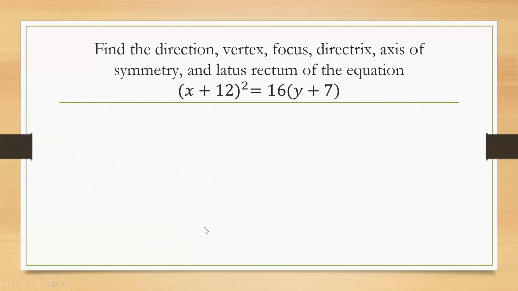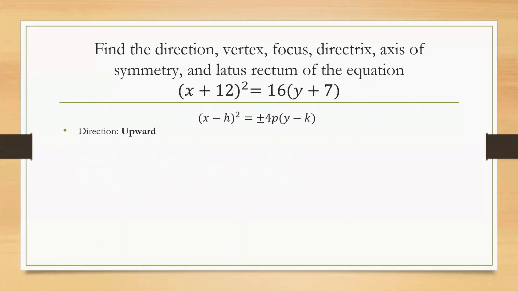Next, x plus 12 squared equals 16, parenthesis y plus 7. Again, write this down as our guide, and then let's determine the direction. So since x is being squared and the 4p is positive, then the direction is upward.